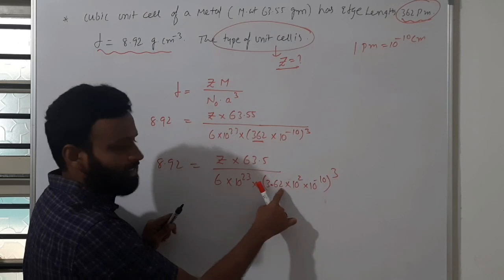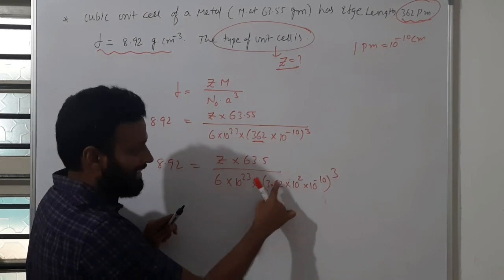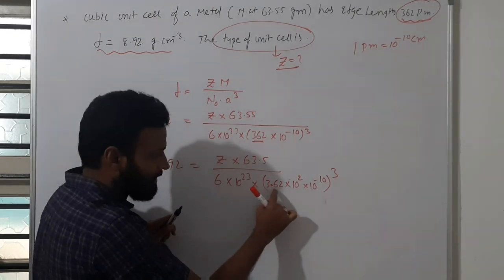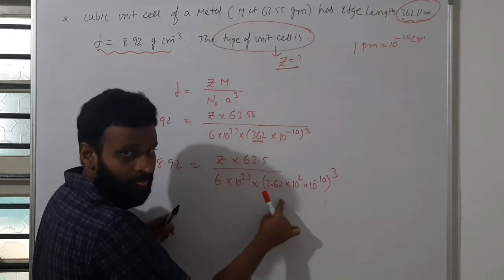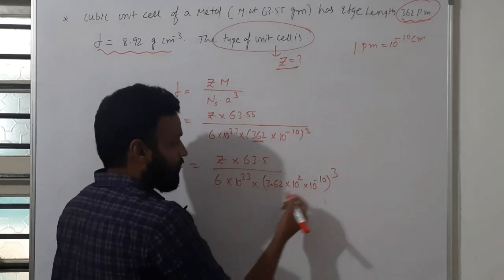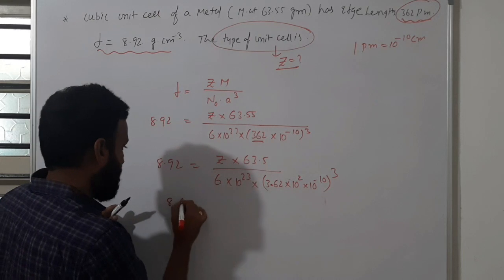Because 362 into 10 power minus 2 gives 3.62, I can write 362 as 3.62 into 10 square. No change in the value. So I will get like this.